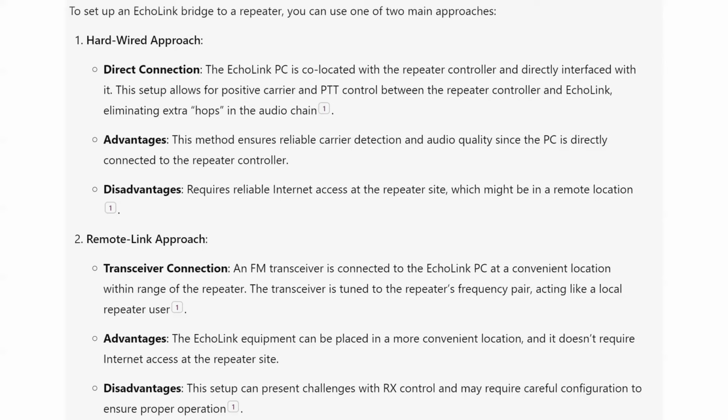That's the hardwired approach, number one here, a direct connection. But it doesn't have to be. And the remote link approach, both of these are really bridges from the repeater to the Echolink system.